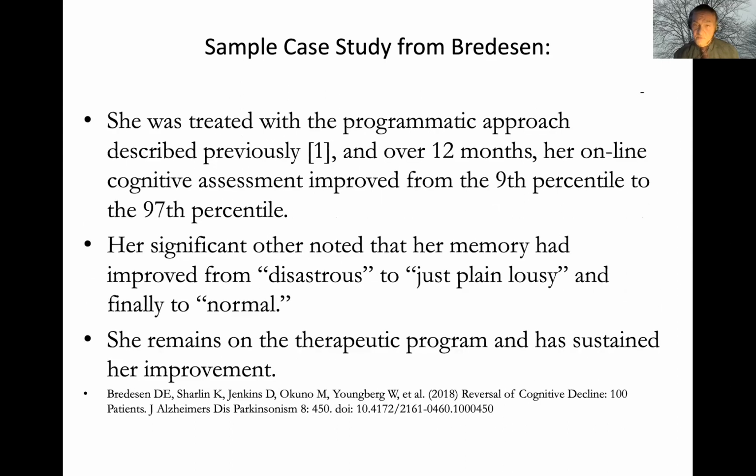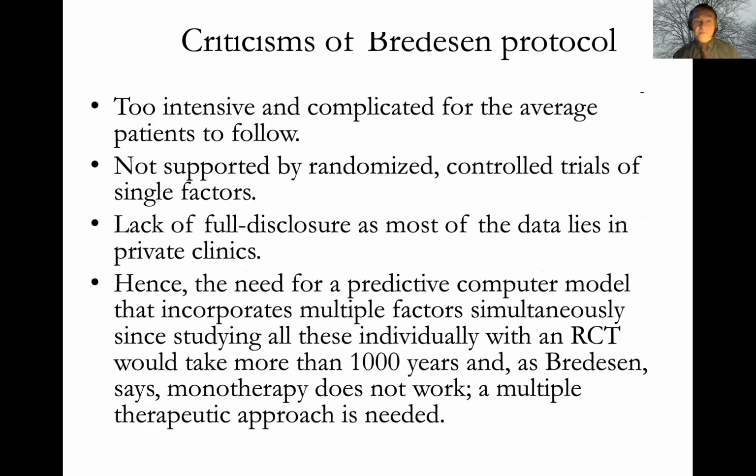She was treated with Bredesen's protocol, and over 12 months, her neuropsychological assessment improved to the 97th percentile in cognitive function for her age. Her hippocampus increased in size, and her PET scan improved. Her significant other said that her memory had improved from disastrous to just plain lousy to finally normal.